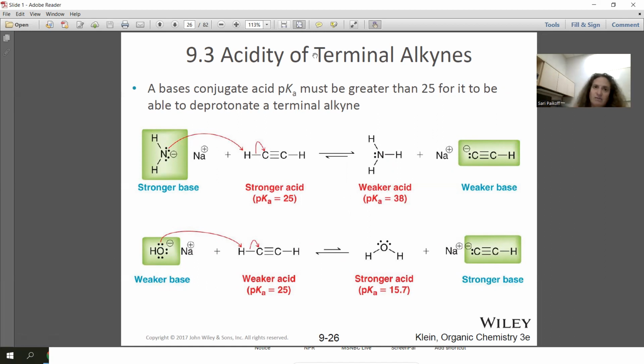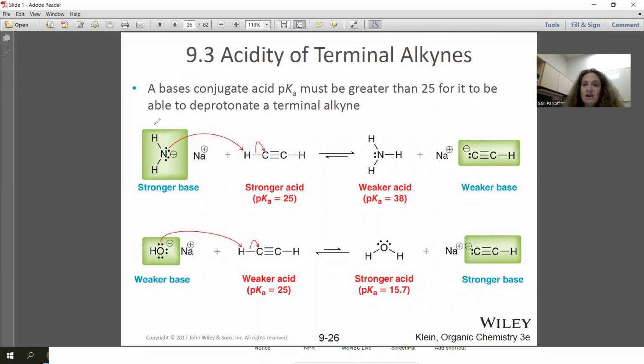If you look on the bottom here, NaOH will not deprotonate because water is the stronger acid. So water will donate a hydrogen more readily than acetylene will.